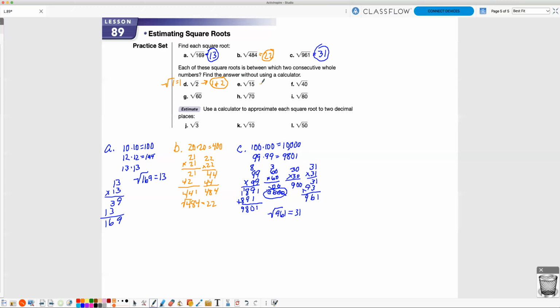The square root of 15. We know the square root of 16 is 4. So that means this one has to be between 3 and 4.